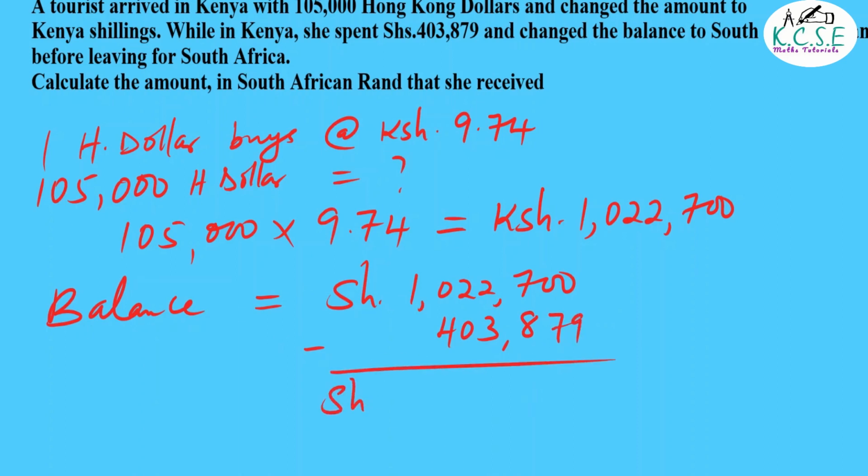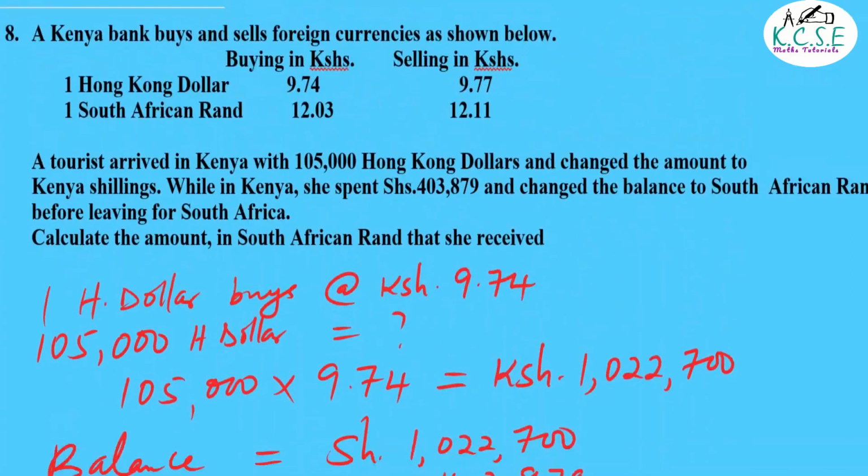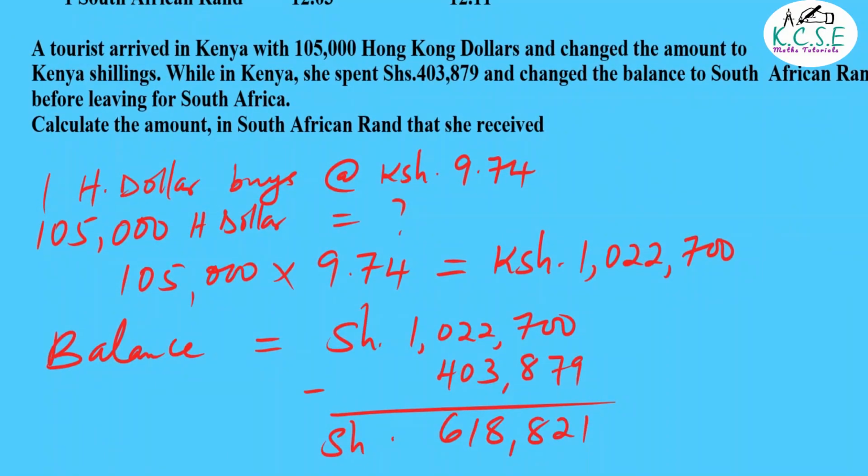This will give the balance. We subtract these, we get 618,821 Kenyan shillings.